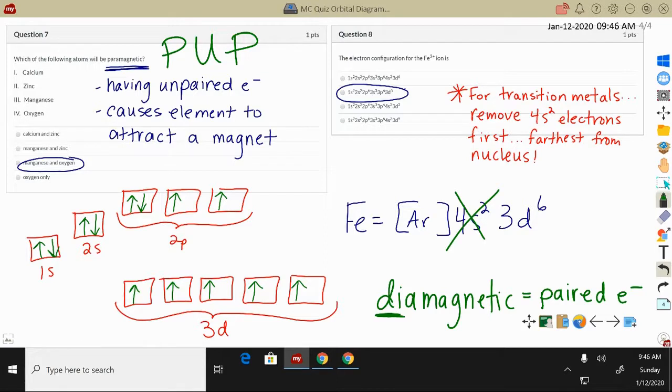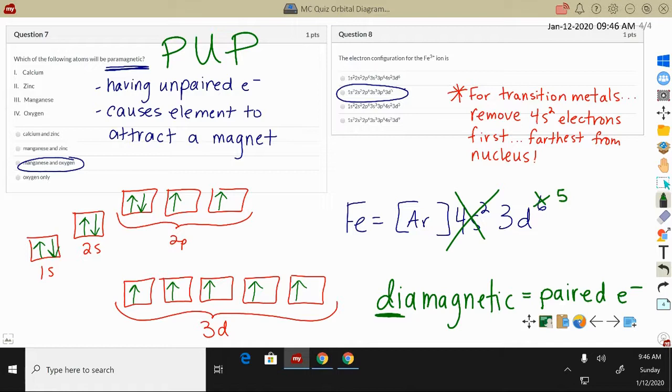And so if I just had an iron +2 ion, I would only lose the 4s2. But now you can kind of see that iron's most common charges are either the +2, get rid of those 4s2, they're furthest from the nucleus, or the other really common form of iron is a +3 ion, because then I would lose one of these d electrons. This would then end 3d5.